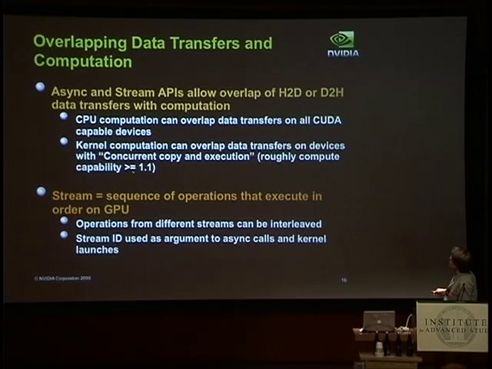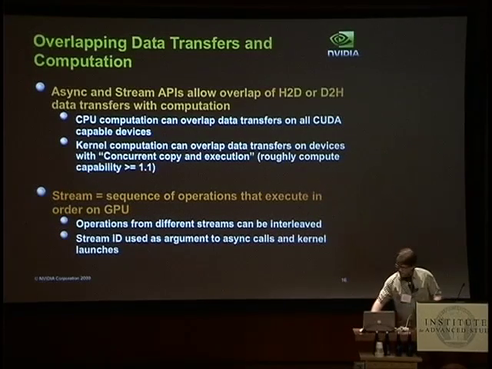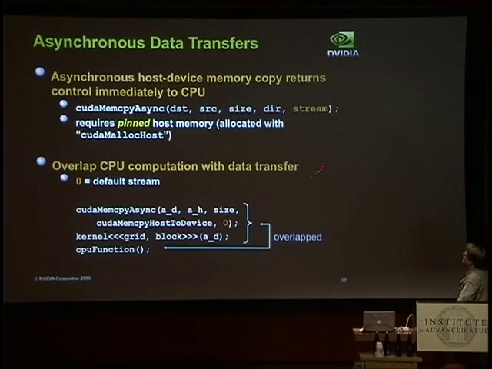Now the way these two work, let me show you the example, and then we'll come back and look at a definition. Asynchronous data transfers is exactly what you would think. You just simply say, time to copy something from memory in an asynchronous fashion. This uses that pinned host memory.